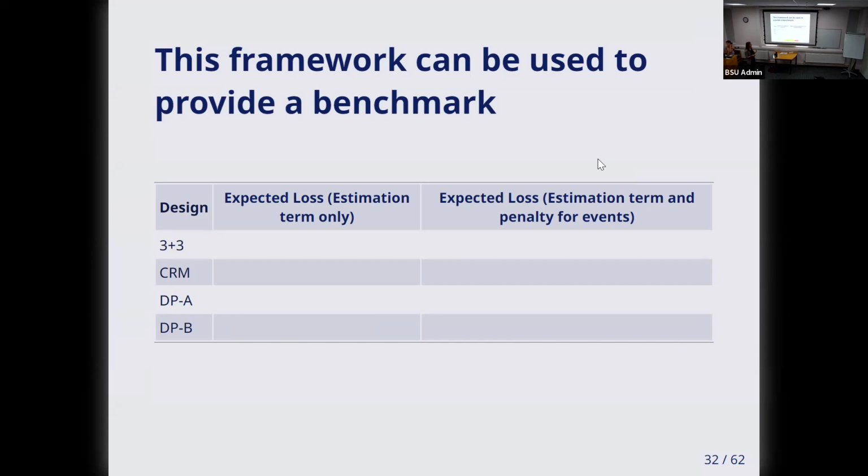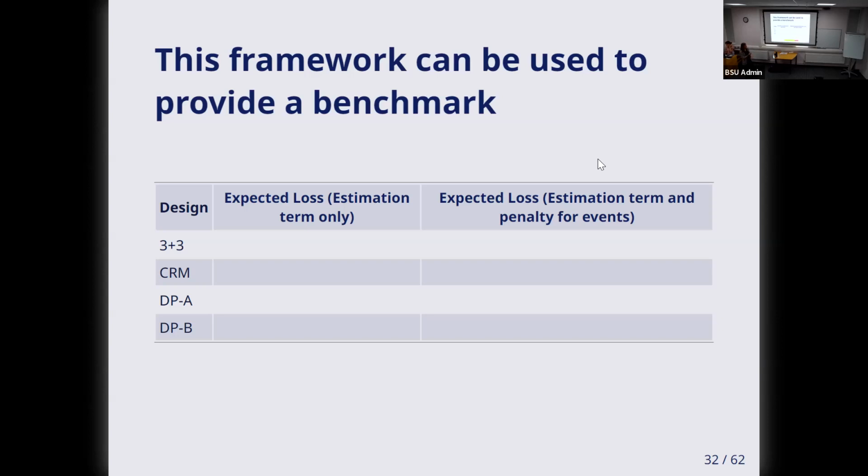We can evaluate the expected loss of a design. So if we simulate trials according to a certain rule and then evaluate the loss at the maximum tolerated dose that I'm choosing at the end of the trial, and then average that loss over the simulated trials. So these numbers are all from 1 million simulated trials. Then we can compare that loss.